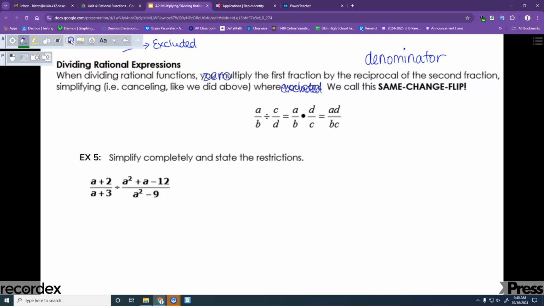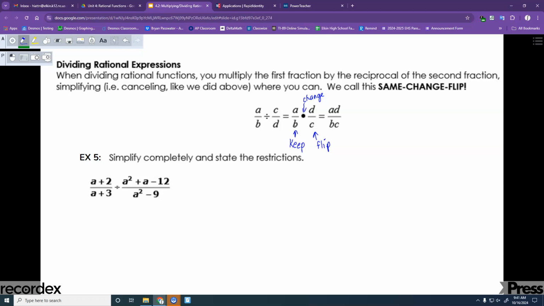Now, dividing fractions. How do you do it? It is the opposite. Keep, change, flip. That definitely works there. So you keep the first fraction, you change the sign to multiplication, and you flip the second.